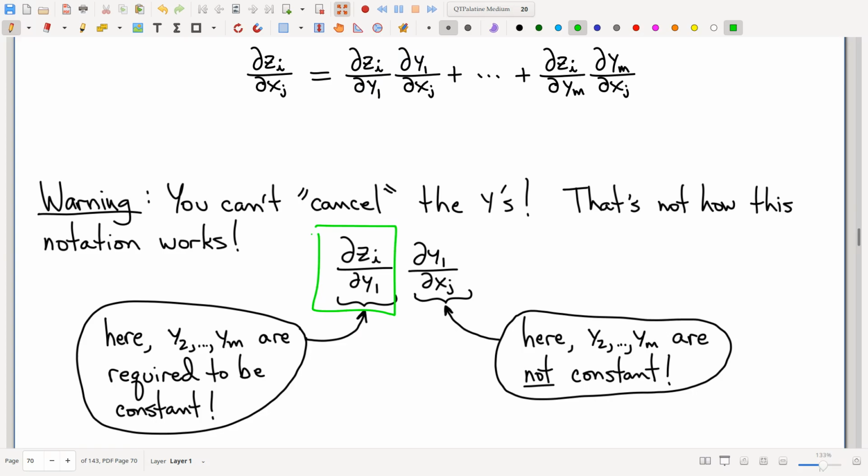We're taking a partial derivative of our second function. We're holding all the other y variables constant because that's how partial derivatives work, right? So in this scenario, the other y variables are constants in that story. Partial y1, the denominator of that fraction, is a player in a story in which those other y variables are constants.